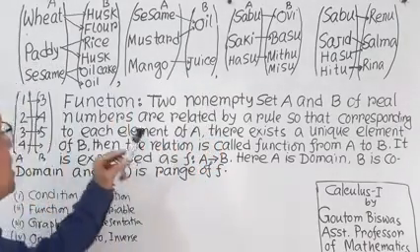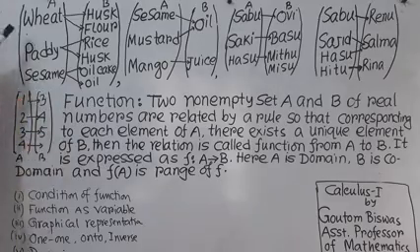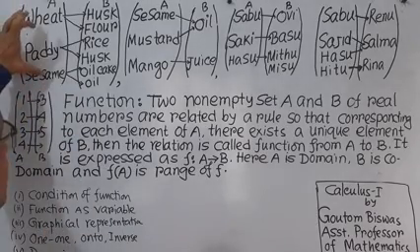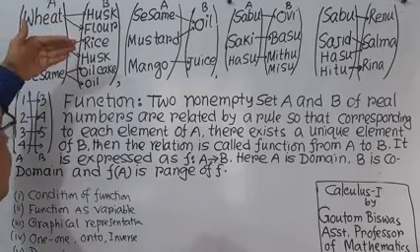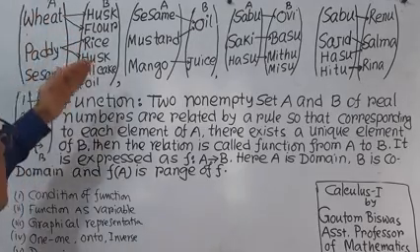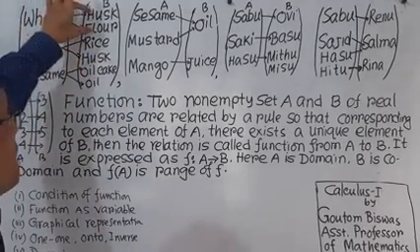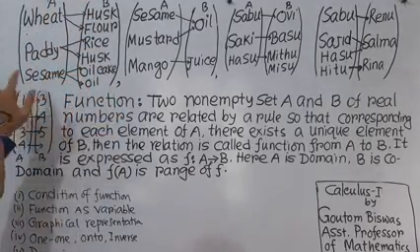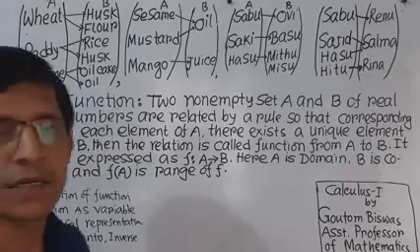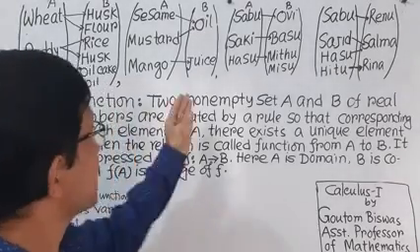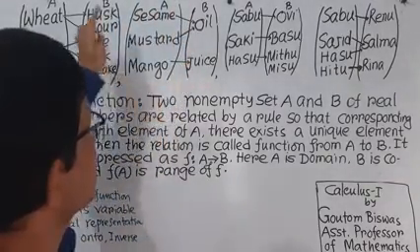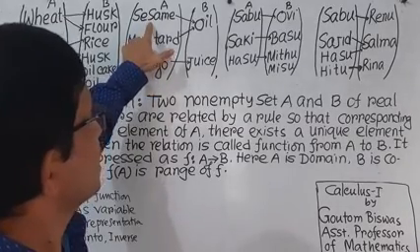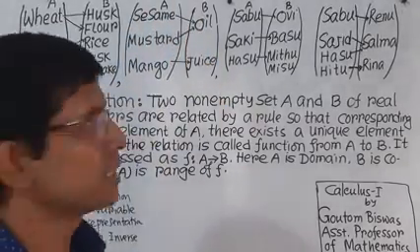In these examples, three items are given, and in every case these are inputs, and the machine will process each item into two items: husk and flour, paddy into rice and husk, sesame into oil and oil cake. On the other hand, if you see these examples, sesame, one item, you will get oil.